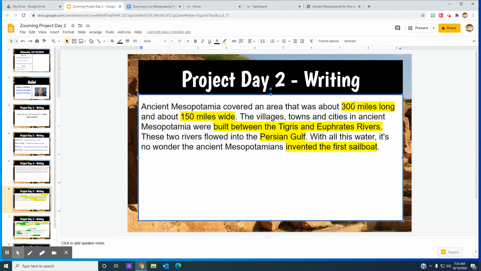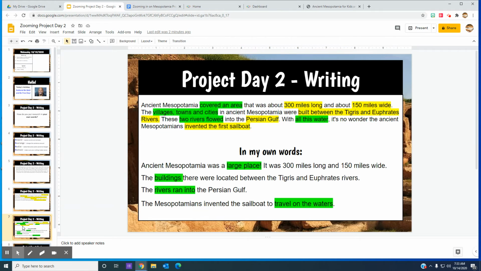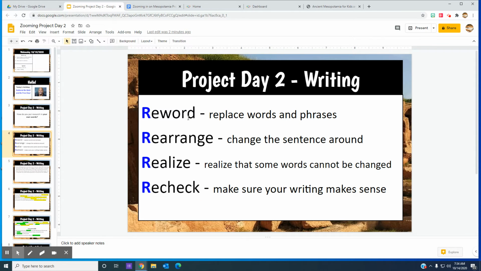In this paragraph, I would say the fact that Mesopotamia is 300 miles long and 150 miles wide, those are facts I cannot change because they are important facts, and I want to keep them in my rewording. Mesopotamia is built between these rivers, the rivers flow into the Persian Gulf, and they invented the sailboat. These are things I want to keep in my rewording. So as I reword, I'm going to remember the strategies. Reword, rearrange, realize, and recheck.